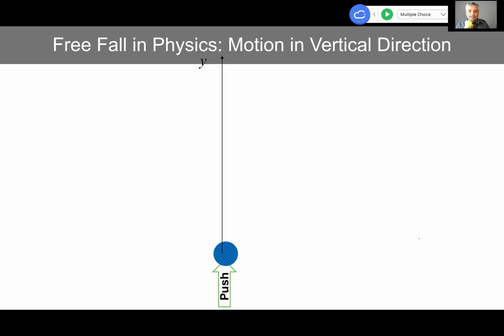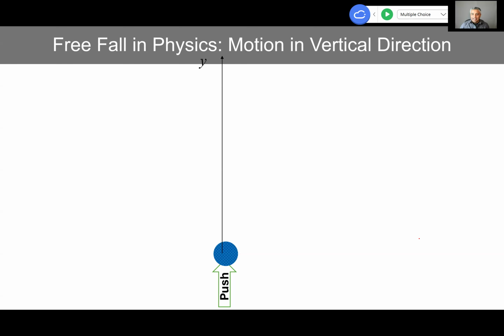If I throw this ball up, once it leaves my hand, what happens? It becomes free from my force. I'm not applying force anymore. By pushing it, what did I do? I gave it initial velocity. Just like that block was moving with initial velocity at the beginning, now this will start moving with initial velocity. And then it came down.